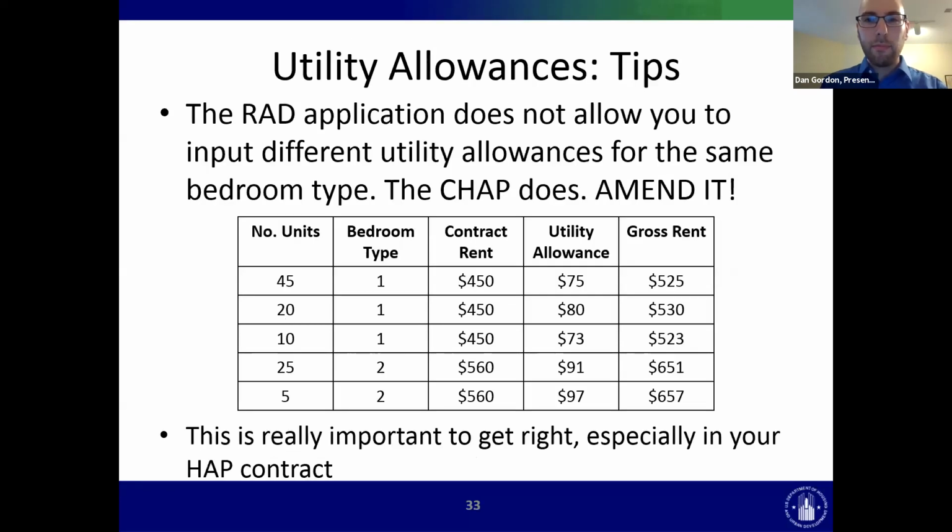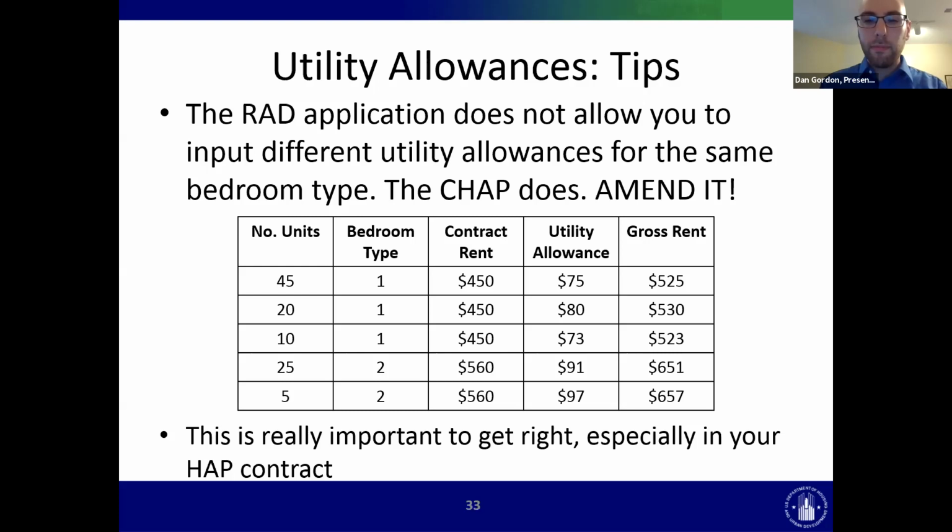And then tips, again, just because utility allowances come up quite frequently. One thing to keep in mind is the RAD application doesn't allow you to input different utility allowances for the same bedroom type. So if you have a scattered site project that maybe has townhouses and a mix of some low-rise buildings and a bunch of one bedrooms that have different utility allowances, you can't input that level of detail in your RAD application.